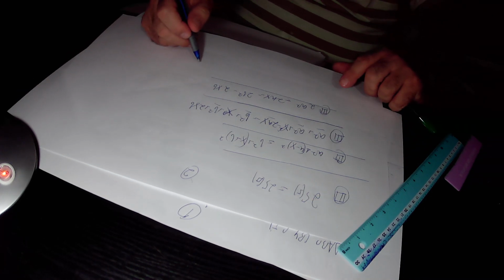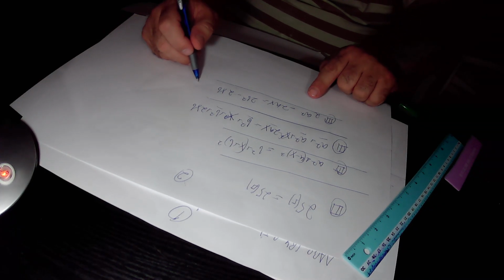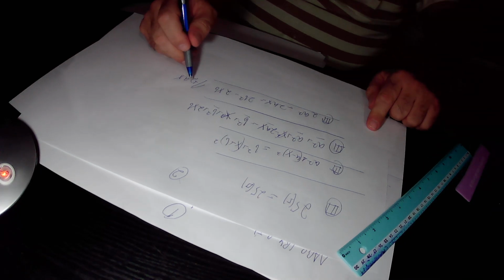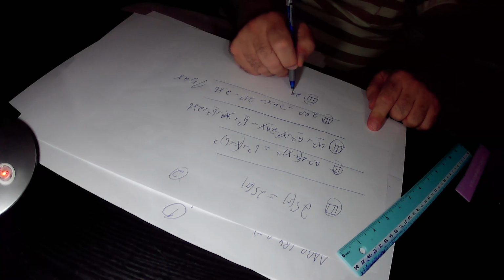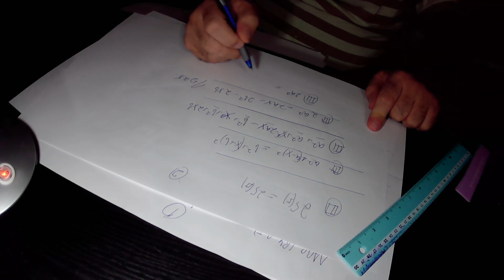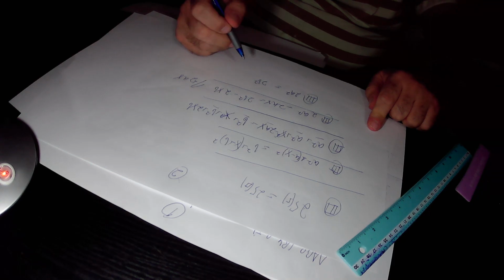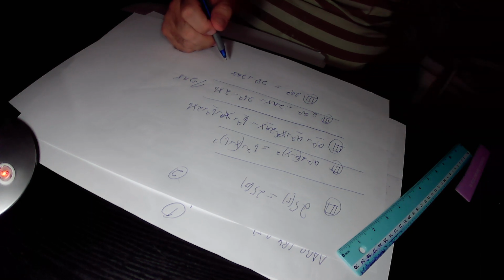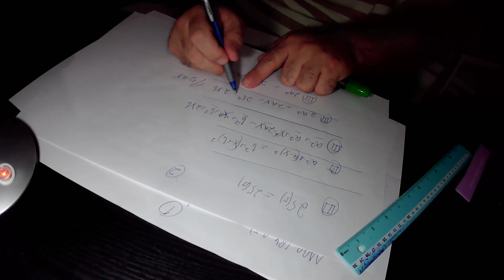So here we move 2ax in this equation 3, and we get that according to equation 3, 2a squared equals 2b squared plus 2ax plus 2xb.